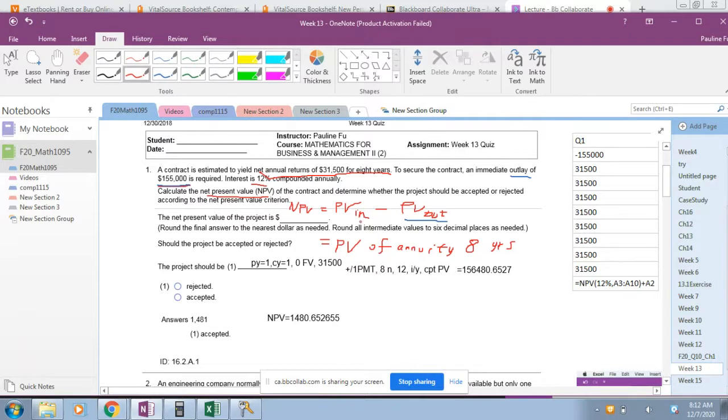That is present value for cash in, then minus present value of outflow, 155,000.